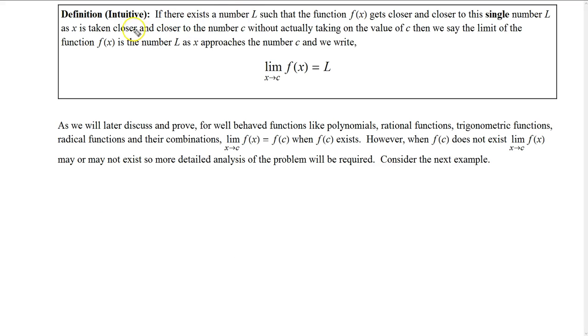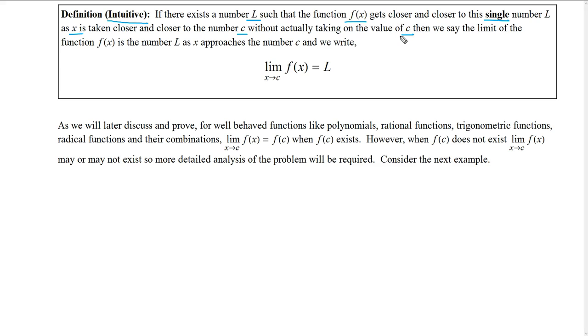So based on our previous discussion, we have what we call an intuitive definition for a limit, and it goes like this. If there exists a number L such that the function f of x gets closer and closer to this single number L, now that's an important point, it has to be a single number L, as x is taken closer and closer to the number c without ever actually taking on the value of c.